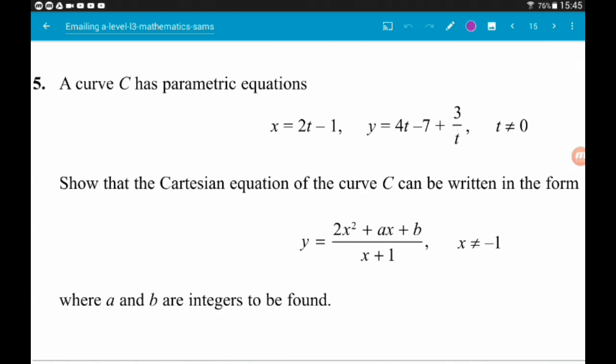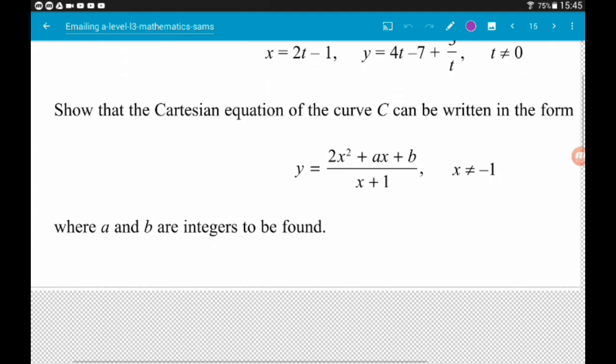So what we want to do here is use one of the parametric equations to get t on its own, either in terms of x or y, and then substitute that into the other parametric equation. Looking at them, it's the x one that's going to be a lot easier.